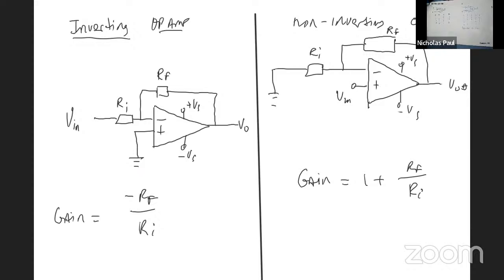Gain is V out on V in. Good. So that's where we'll start. We'll start with gain is V out on V in, and we have to figure out how to get V out and how to get V in.